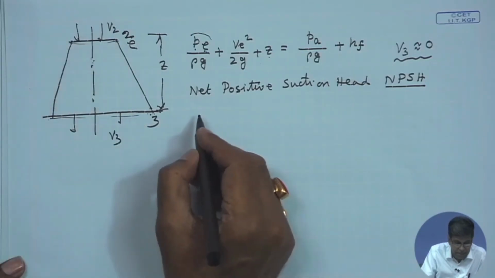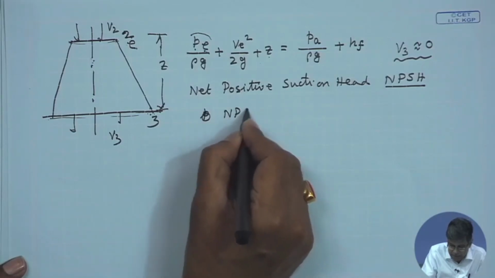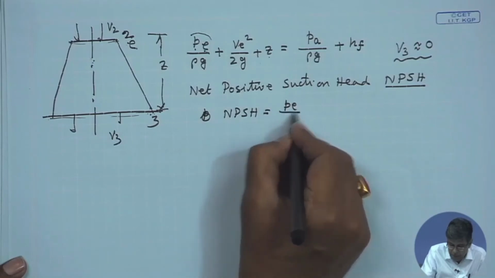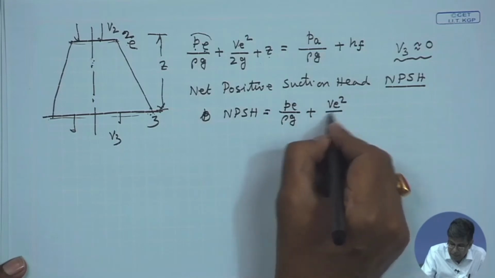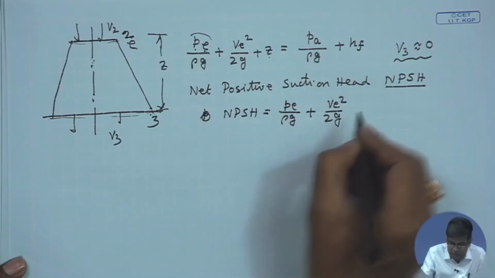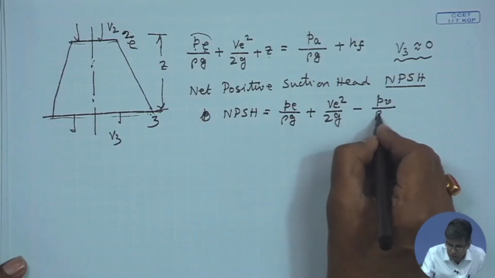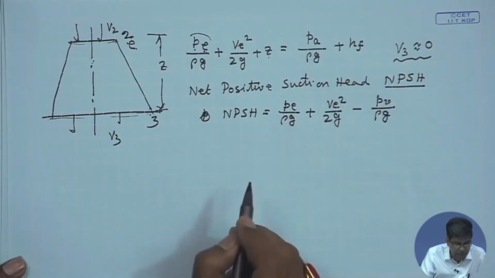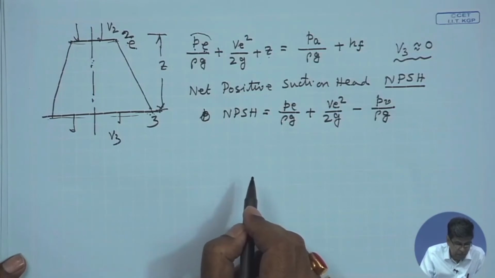That means NPSH is equal to P by rho g plus the dynamic head, over the static head corresponding to the vapor pressure. So, this is defined as net positive suction head.